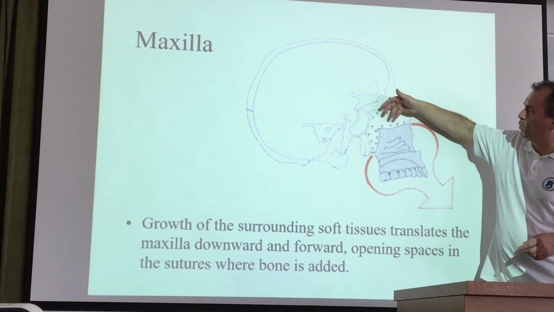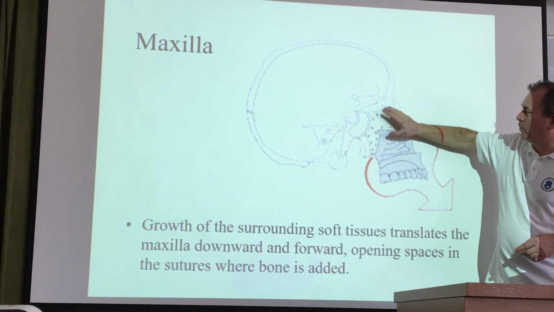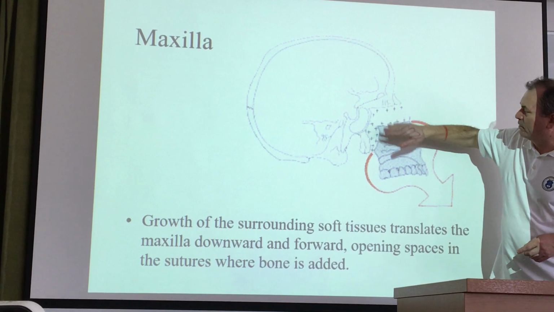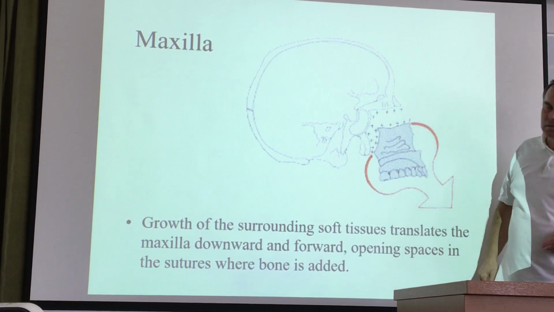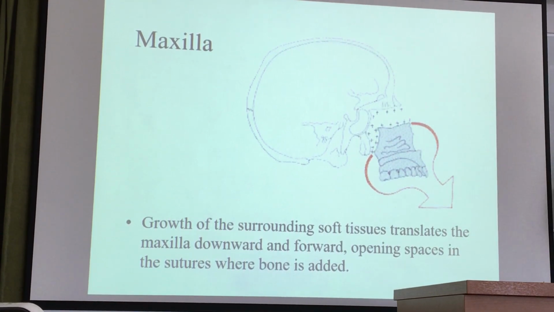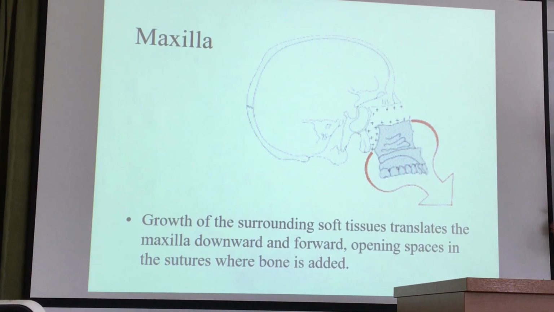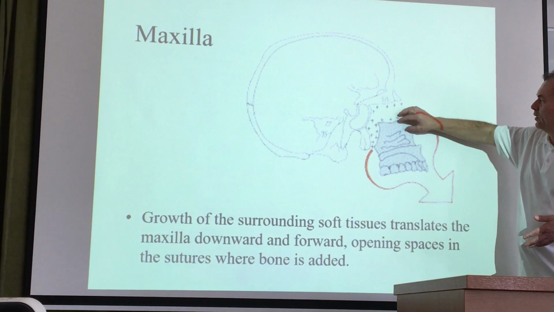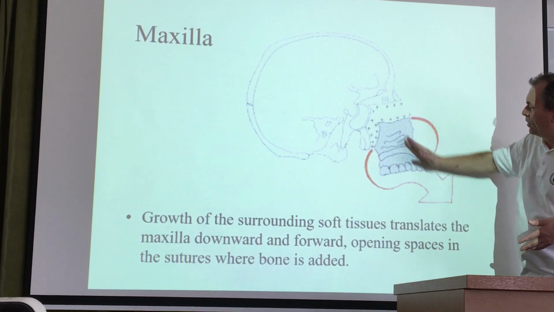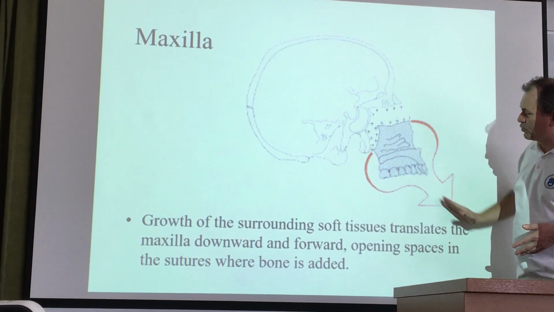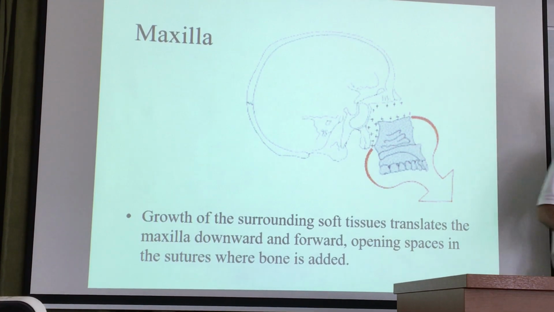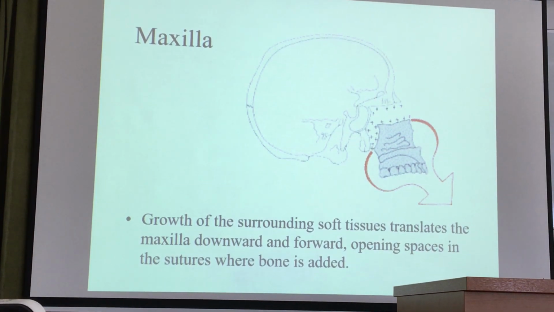That is a new bone mass which is deposited here, and the new bone in these bony sutures will result in this growing direction of the maxilla.